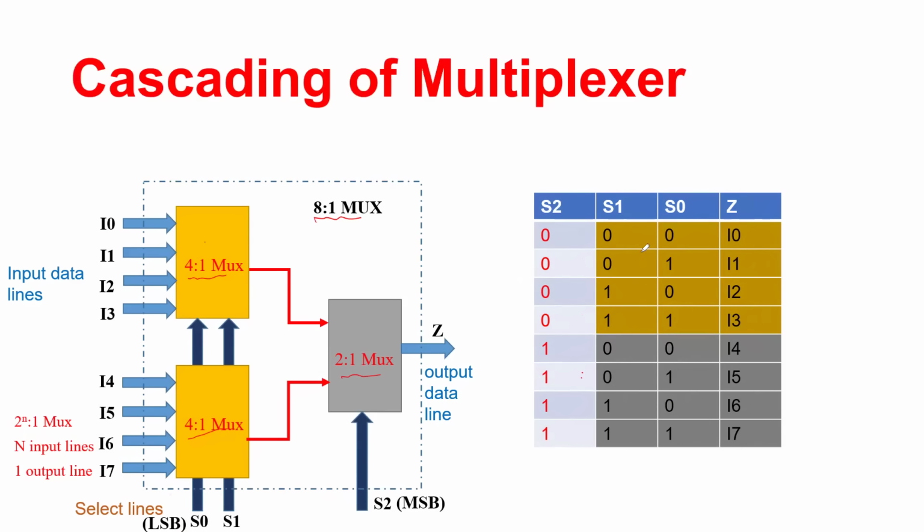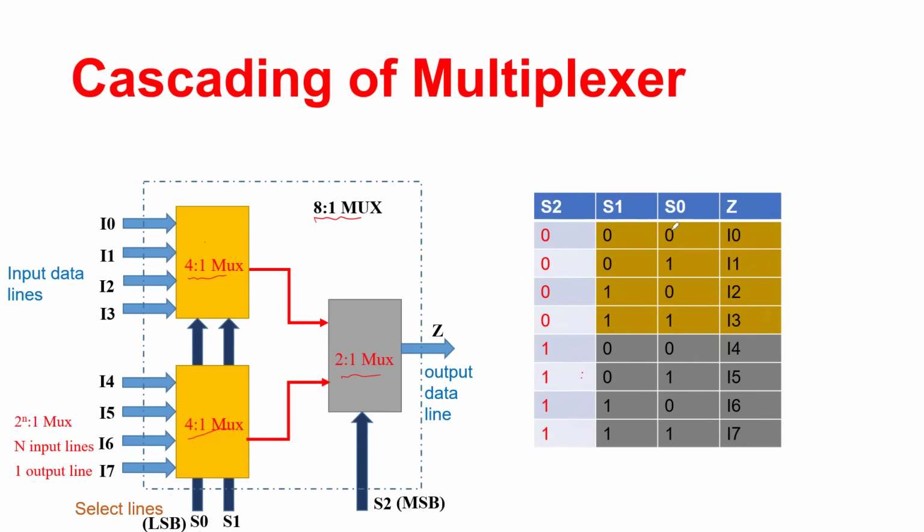Obviously you see that S1 and S0, in the first shaded section, have four possible combinations: 0 0, 0 1, 1 0, 1 1. Here S1 is the most significant bit and S0 is the least significant bit.